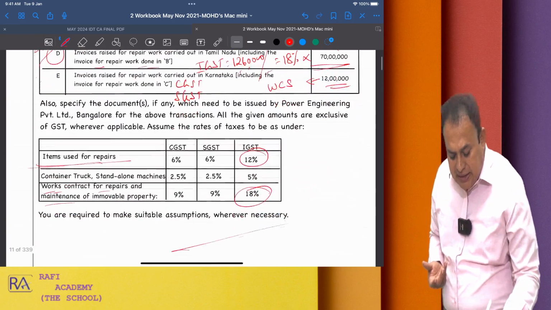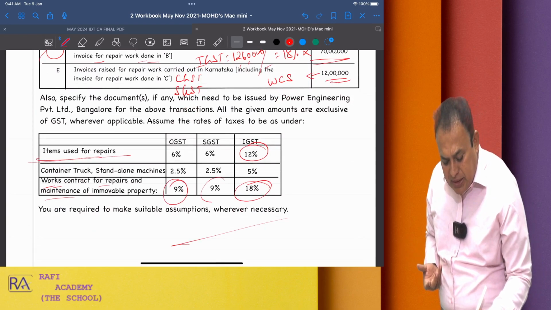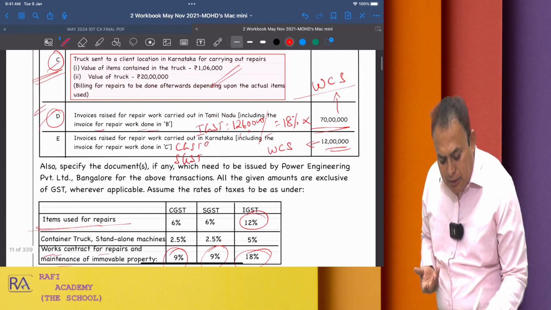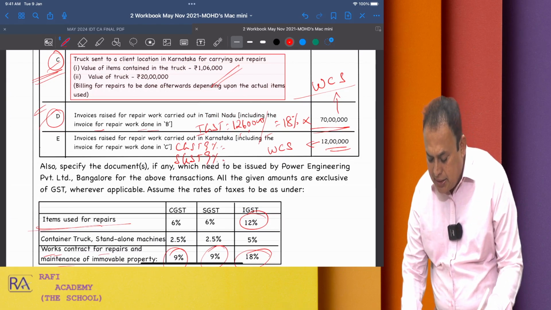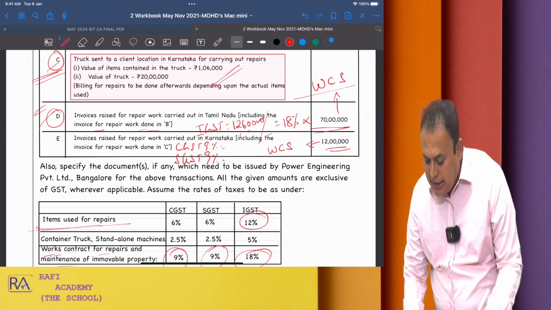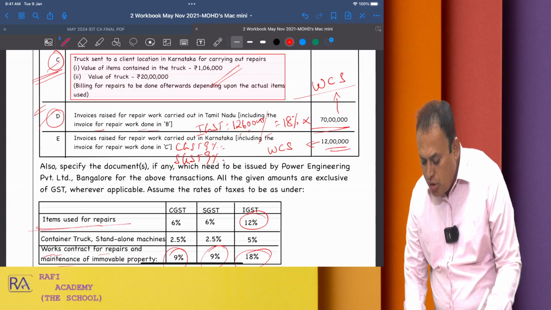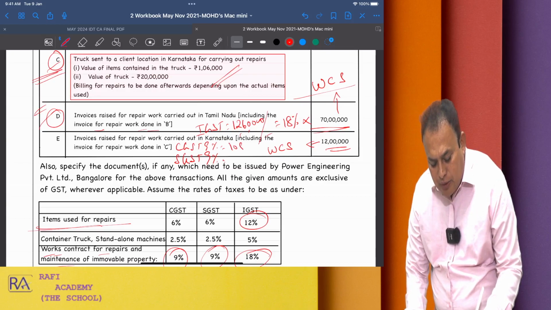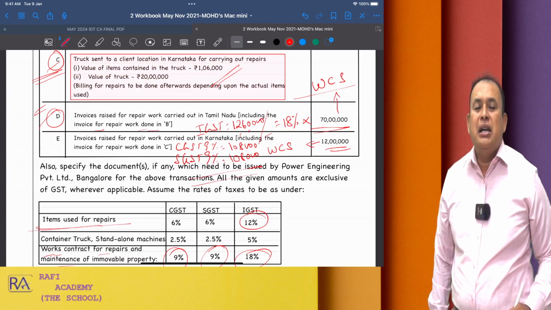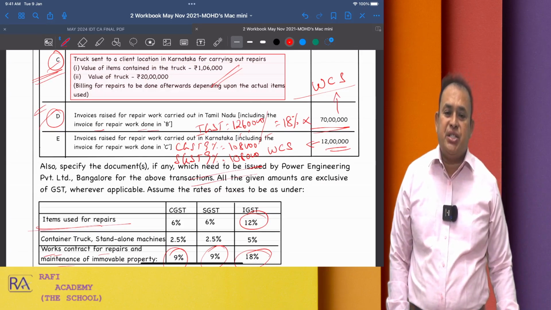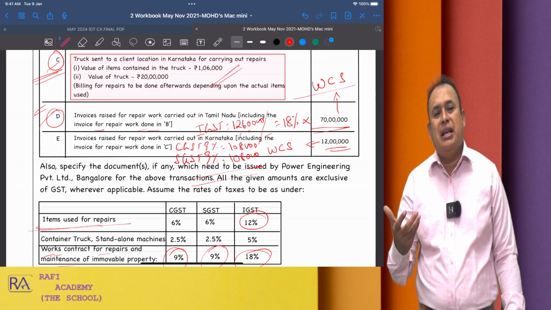What rate of CGST is given here for works contract? 9% each. Therefore, 9% CGST and 9% SGST on 12 lakhs. On 12 lakhs, 9% CGST is equal to how much? 1,08,000 CGST and 1,08,000 SGST are liable to be paid by the Bangalore, Karnataka head office. As simple as this, my dear sir.